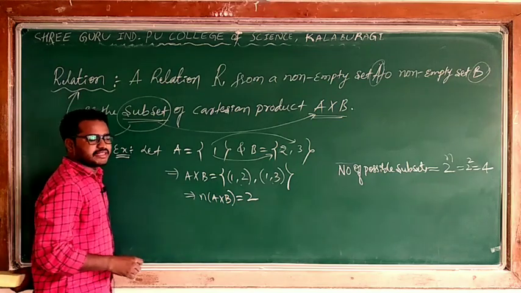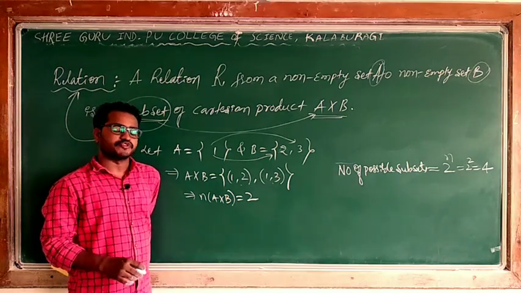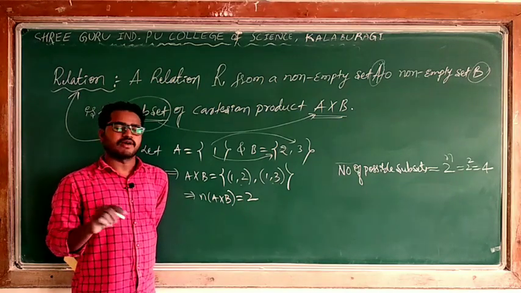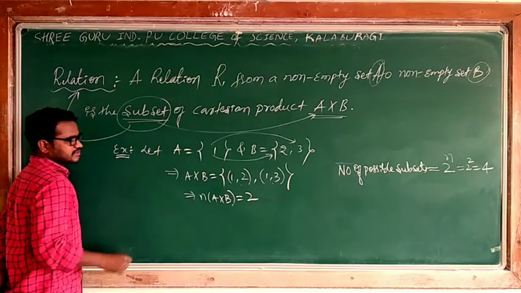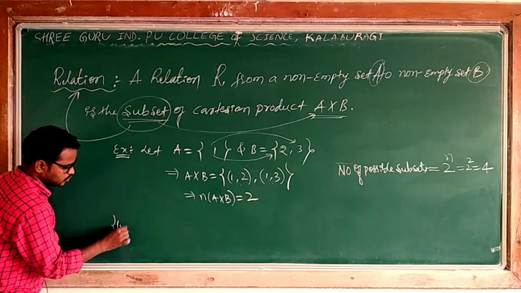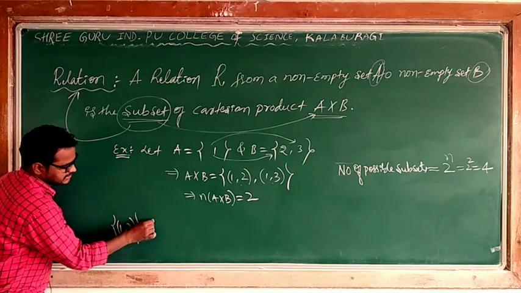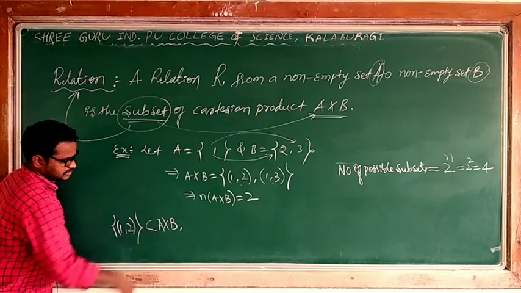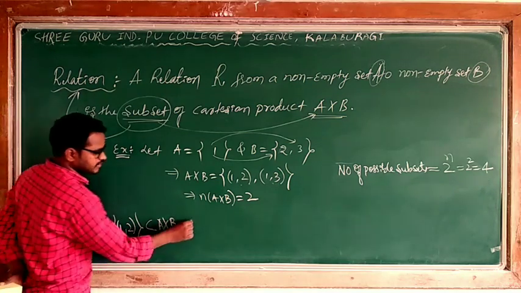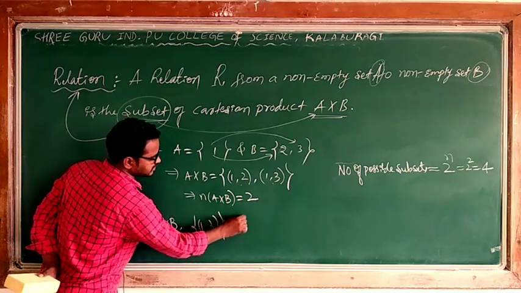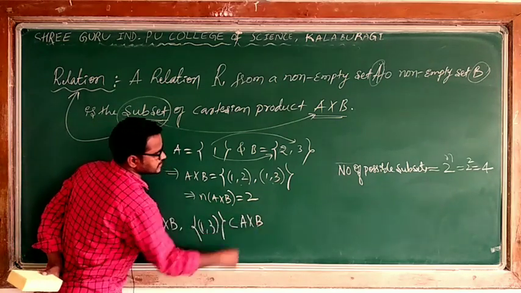I said in the case of power set, if you want to form a subset, you write elements in the flower bracket. What is the first element? 1 comma 2. Can I write 1 comma 2 in the flower bracket? Can I say it is a subset of A cross B? Yes, this is a subset. Then second one, 1 comma 3, it is also a subset of A cross B. Yes.